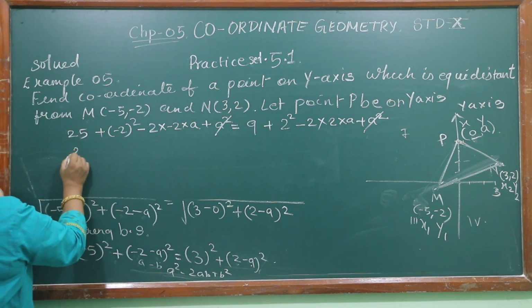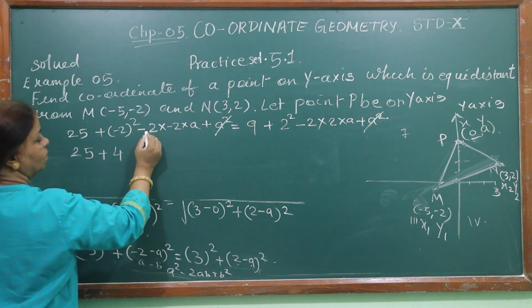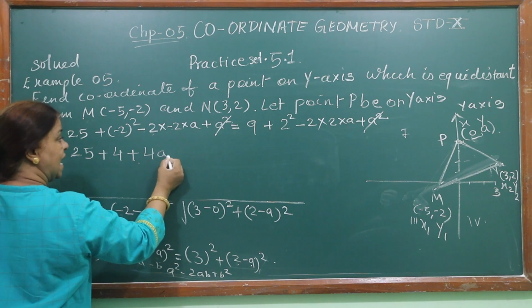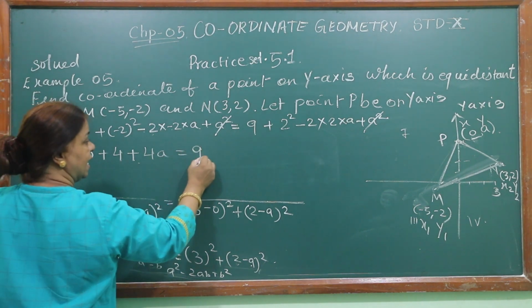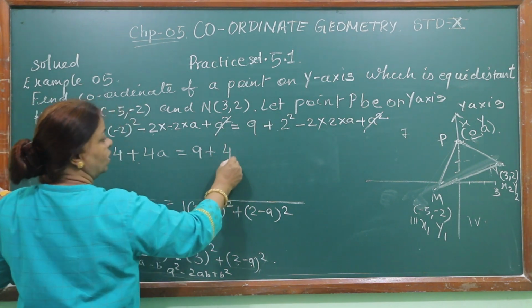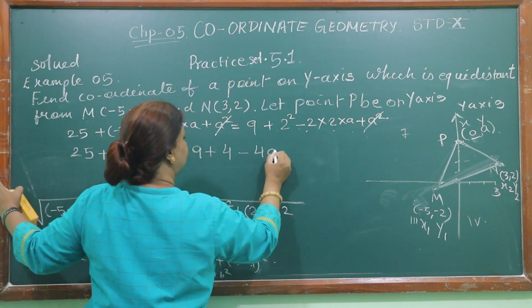So what we are getting: 25 plus 4 minus, minus plus, 2 2s are 4a, equal to 9 plus 4 minus 2 2s are 4a.